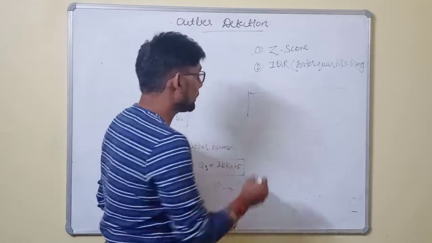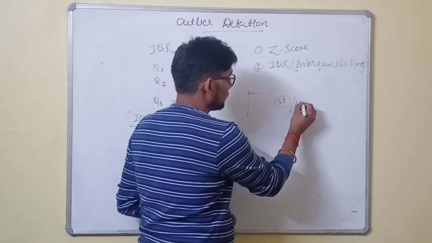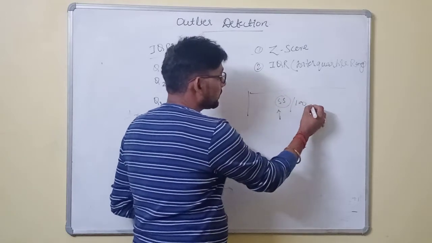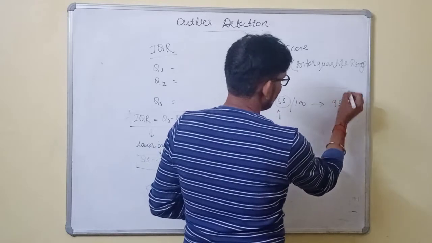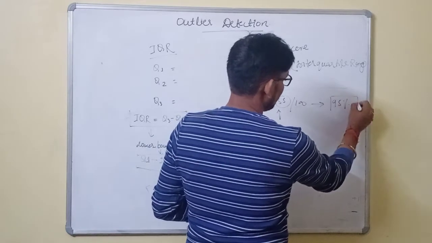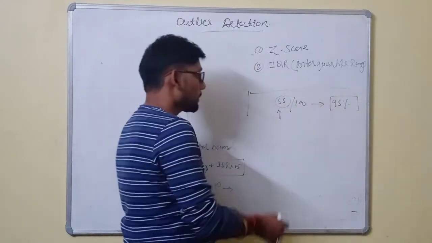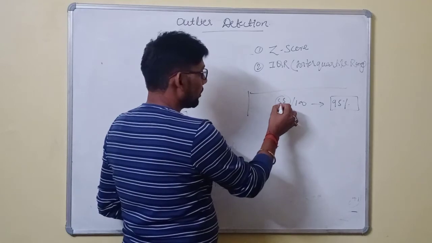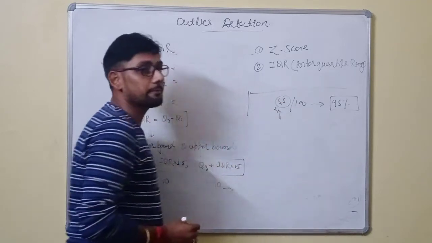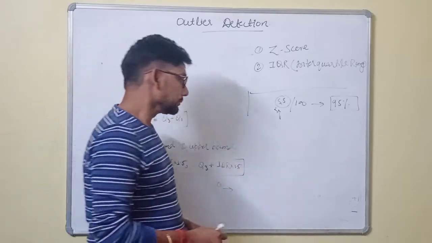Suppose you got 55 marks out of 100, and after calculating, the percentile is 95. It means 95% of students got below 55 marks. So this is the concept of percentile.